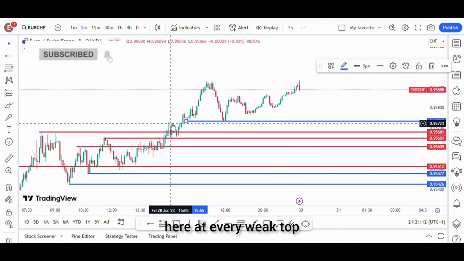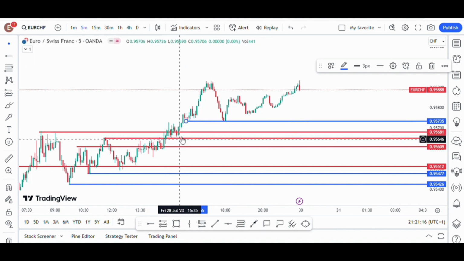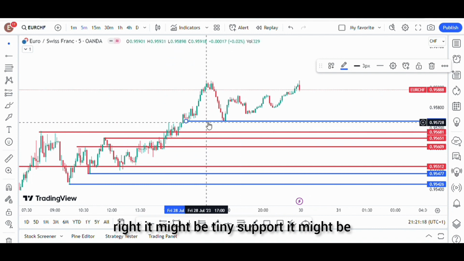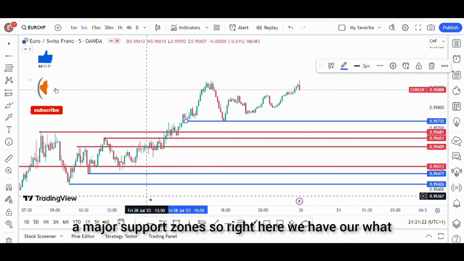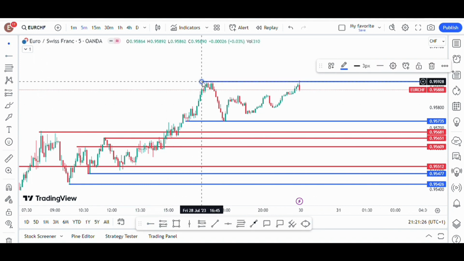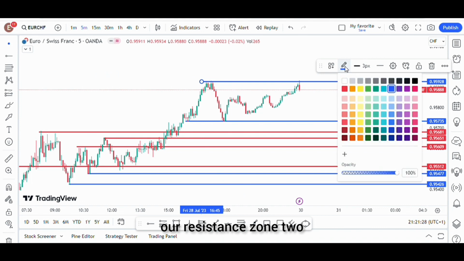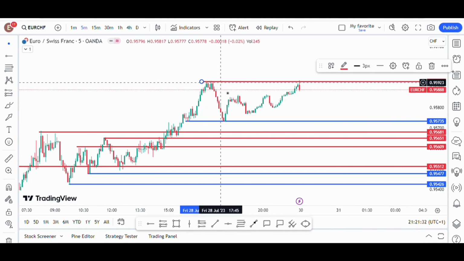At every weak top and weak bottom there is a support. It might be a tiny support, it might be a major support zone. And right here we have our resistance zone too.